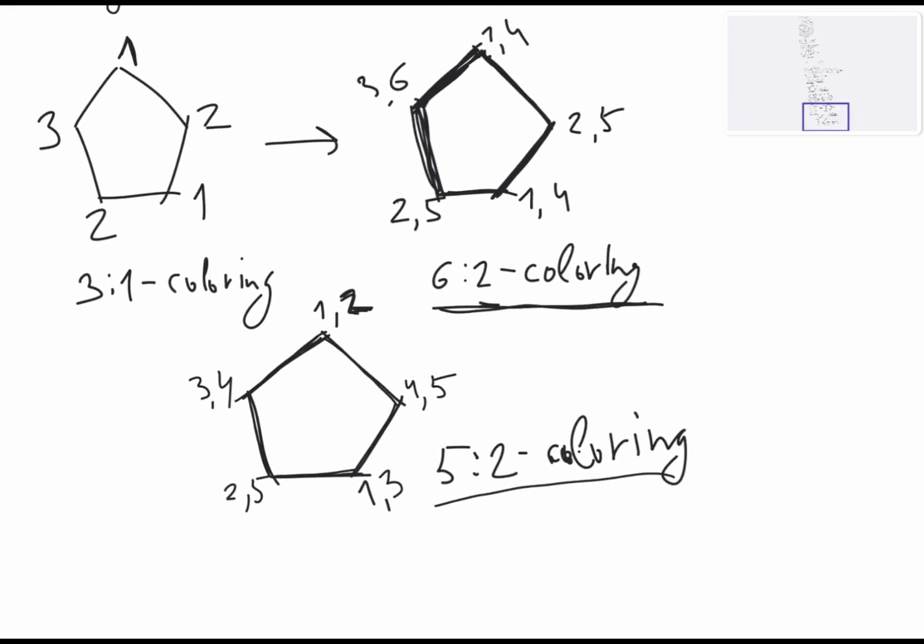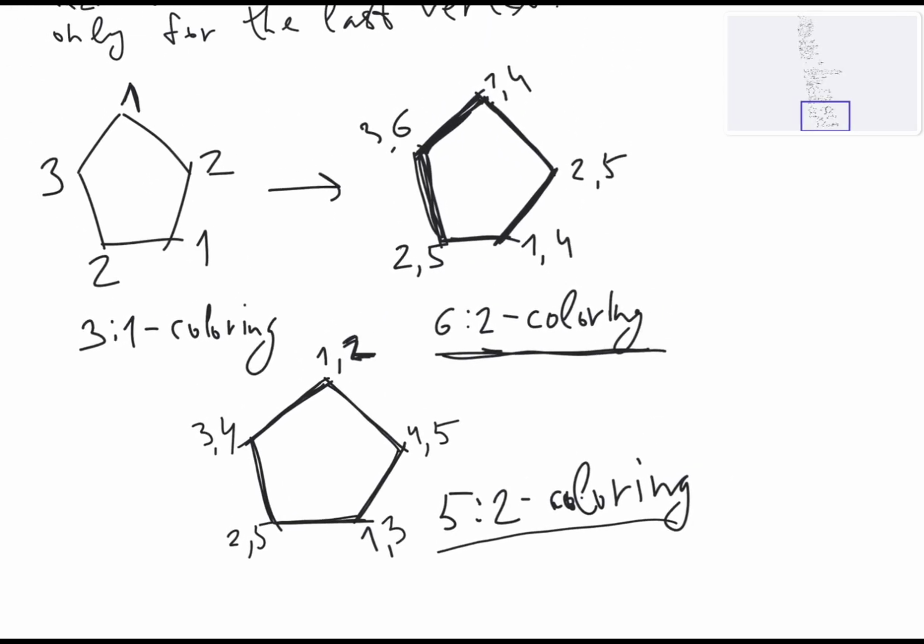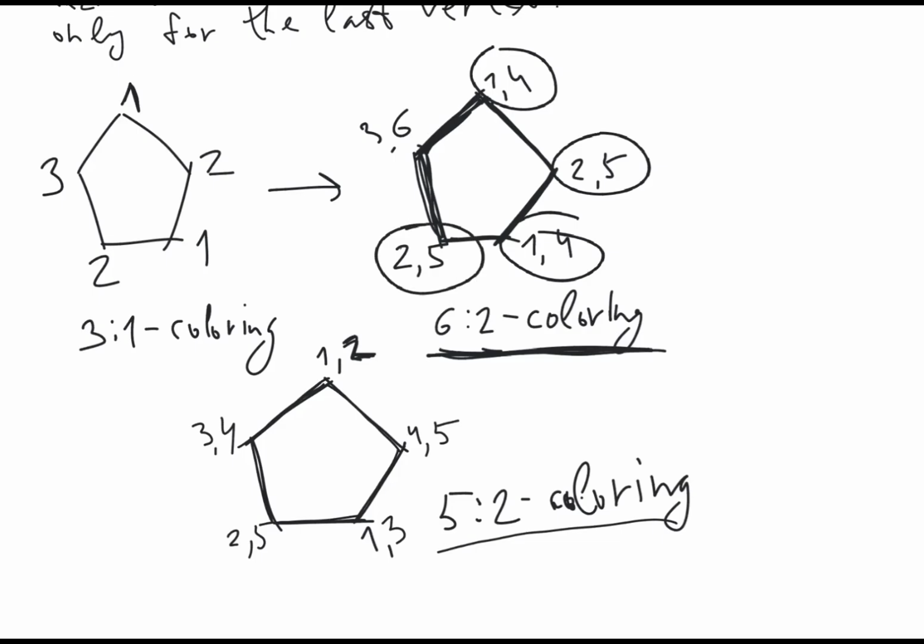Again, when we use this 6:2 coloring, most of the graph is colored with 1, 4, 2, 5. So we use only the colors 1, 2, 4, 5, only 4 colors, and the last two colors 3 and 6 are used only for the last vertex.